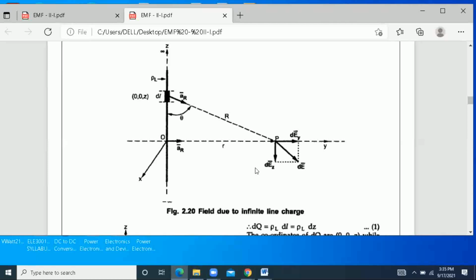And I'm saying, your line charge runs along the z-axis from minus infinity to infinity. So you want to calculate E at this point.